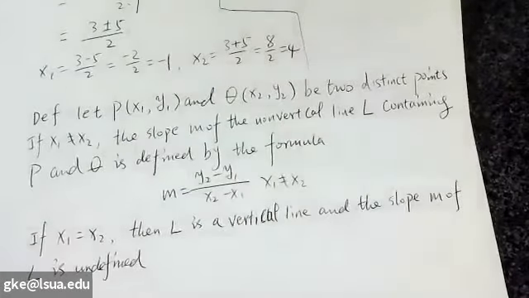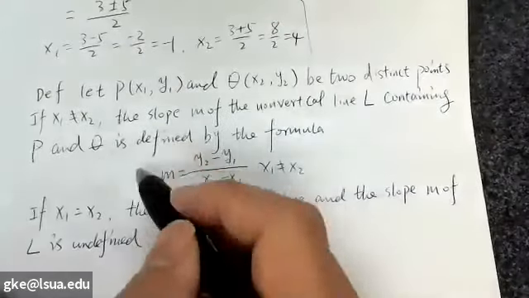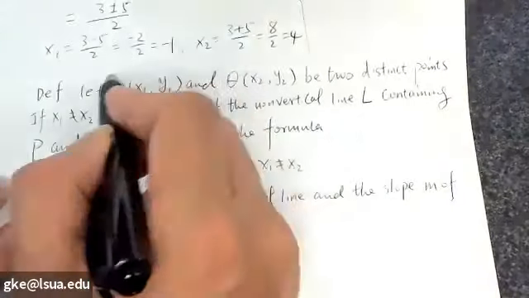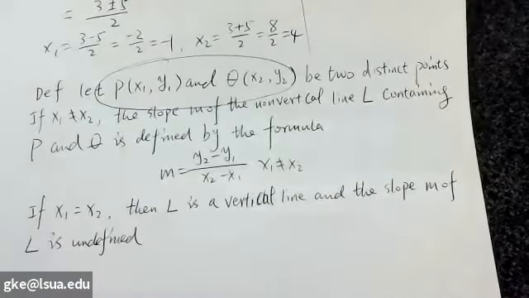Okay, so let's take a look at the definition of a slope. The definition of a slope is always about 2 points. If I give you 2 points, how to calculate the slope?